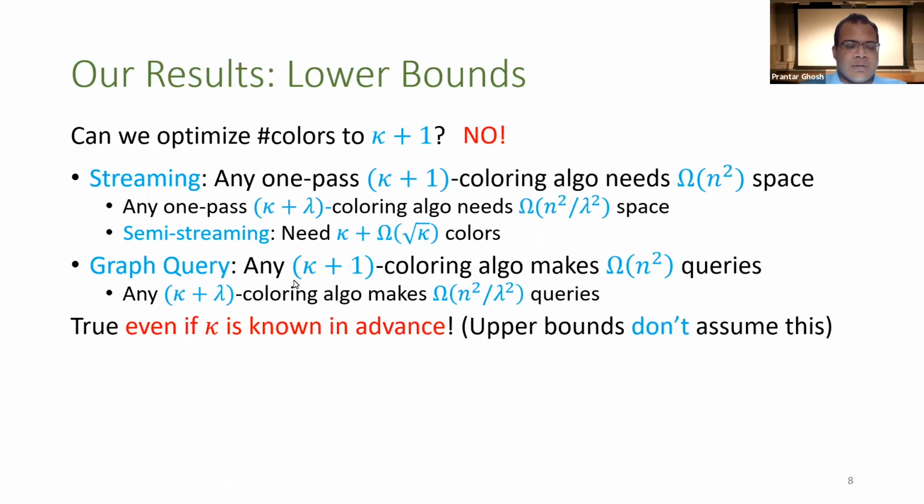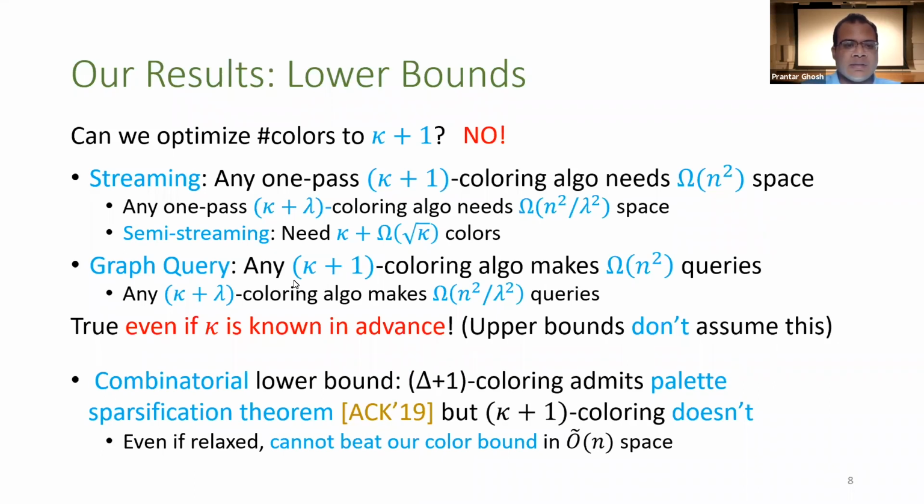We also prove a combinatorial lower bound for this degeneracy-based coloring. Assadi et al. proved a beautiful palette sparsification theorem, which is the main tool for their algorithms. It basically says that if each vertex samples a list of roughly log n colors from a palette of size delta plus 1, then there exists a proper coloring using only the colors from the respective lists.